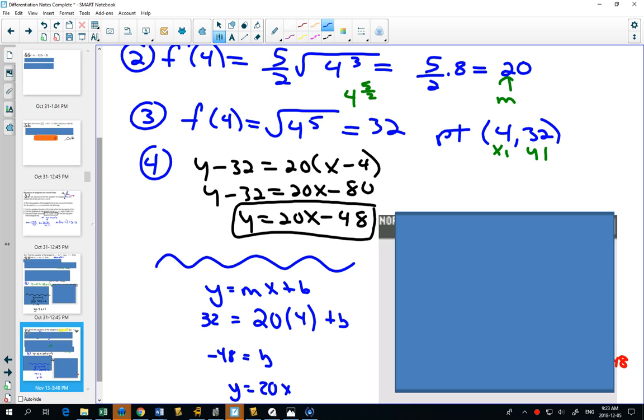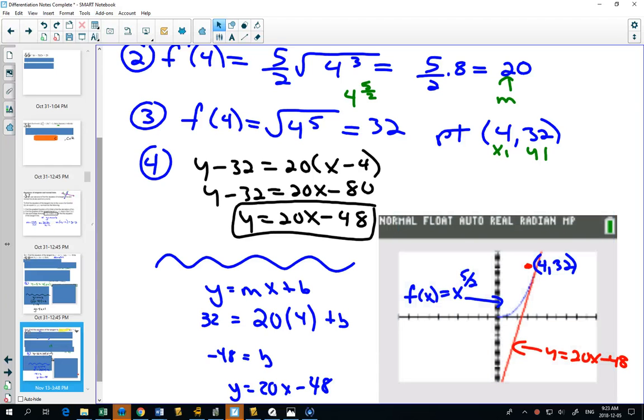And solved for b. Either using the point-slope form or y equals mx plus b would be fine. A picture of what we did. There's the graph, and we drew the tangent line to that graph.